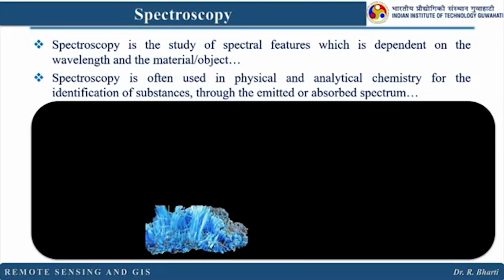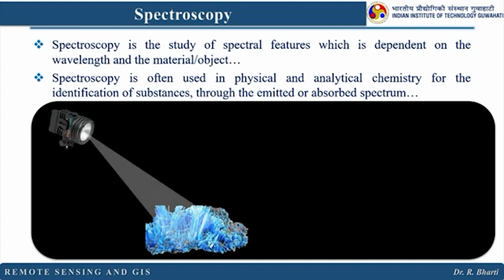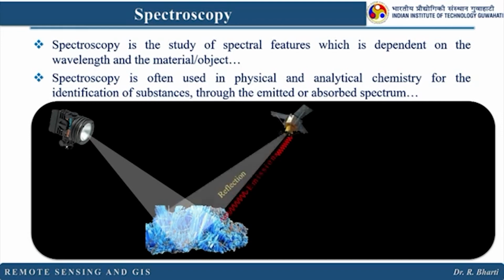So, just to refresh your understanding, suppose this is a target, right, and we have a source lamp. This is in case of lab, right, but you can just imagine the sun as the source of light, and then we can put our sensor here, either in the lab or maybe in the field. In the field it will be spaceborne or airborne sensors, and in case of lab it will be lab based instruments.